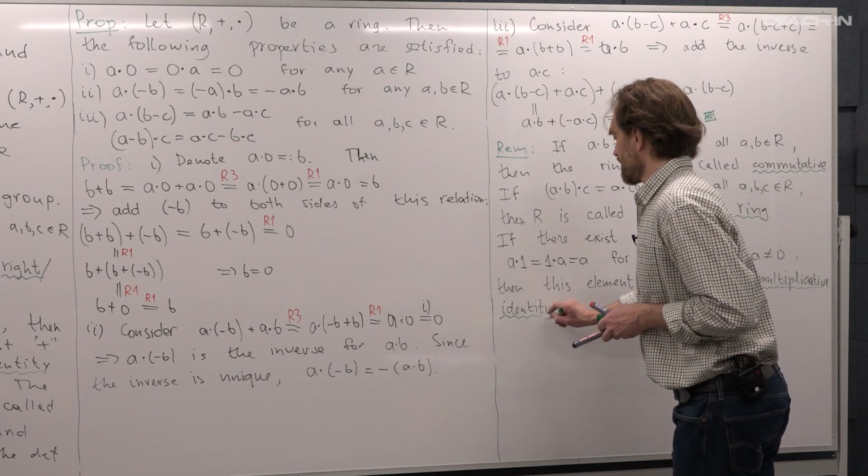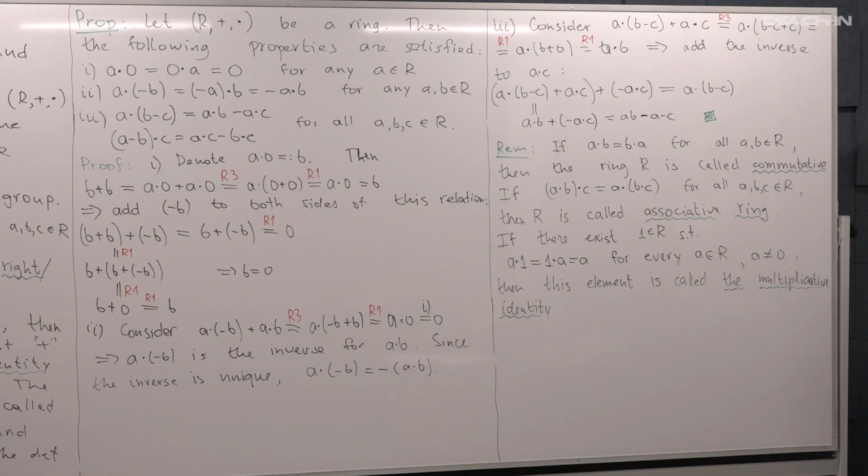So not every ring has a multiplicative identity, so this is not included into the definition of a ring, but some of the rings, as we will see, have multiplicative identities.